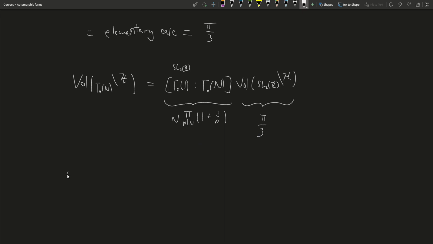Now, when n is prime, what we end up getting is n times 1 plus 1 over n times pi over 3, which is equal to pi over 3 times n plus 1.